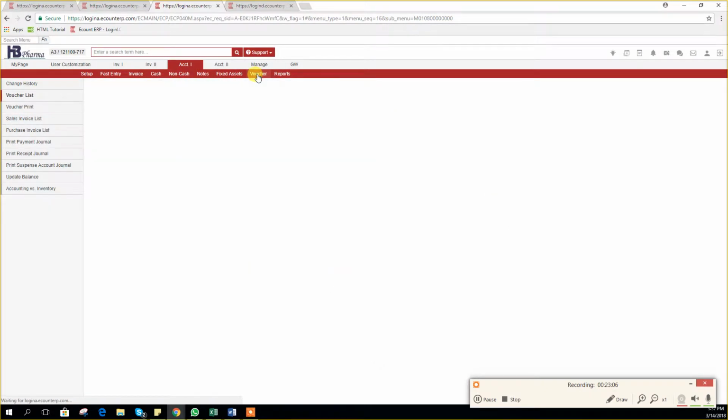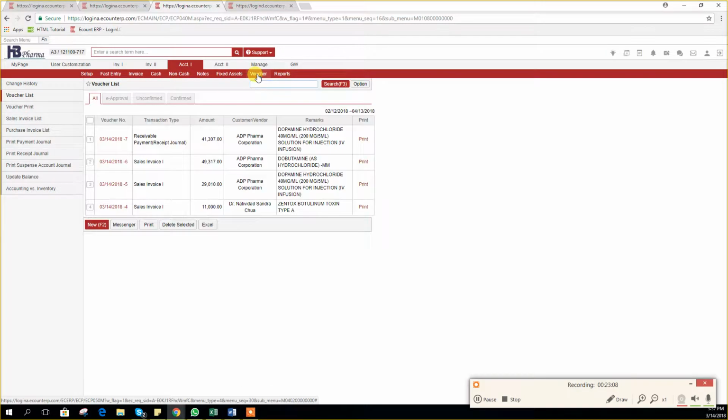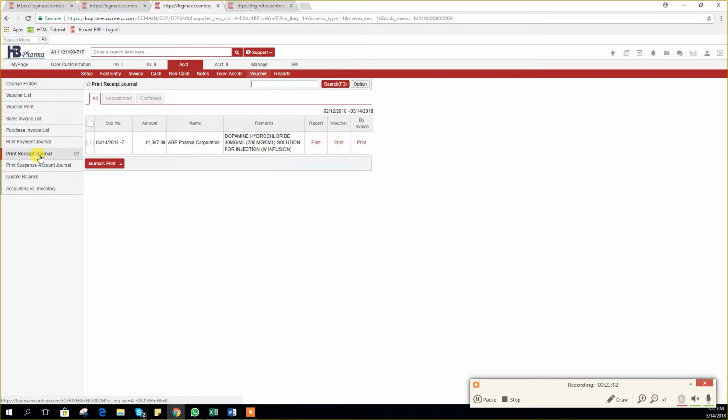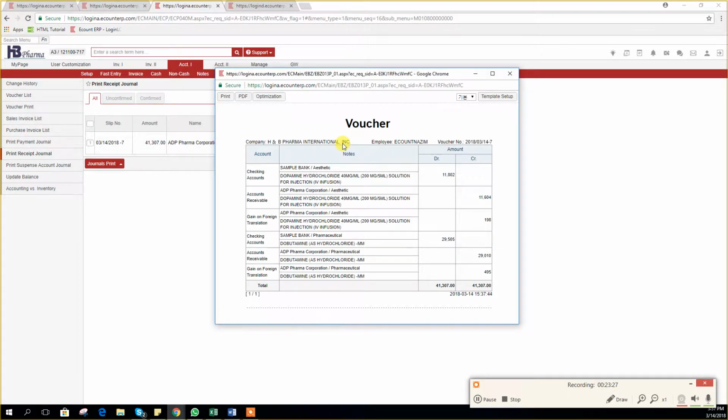How do you know what the double entry is? You can go to print receipt journal in voucher. Every accounting transaction will come out in a voucher. So if I were to print this, you can see the double entry.